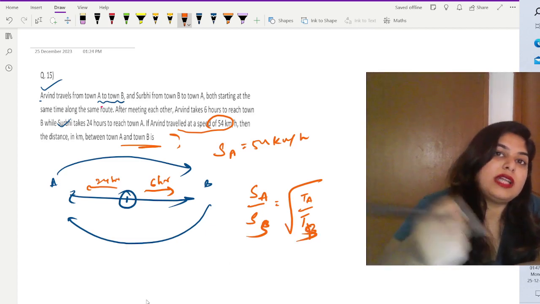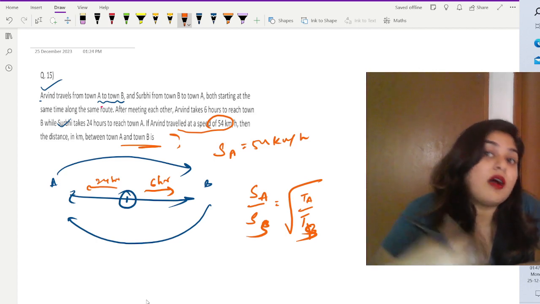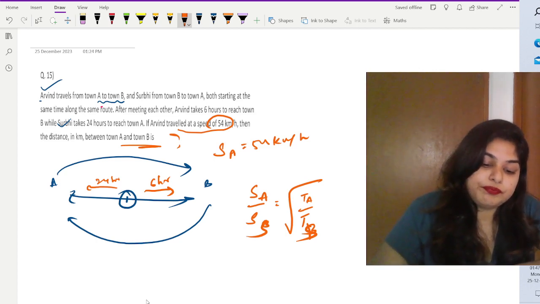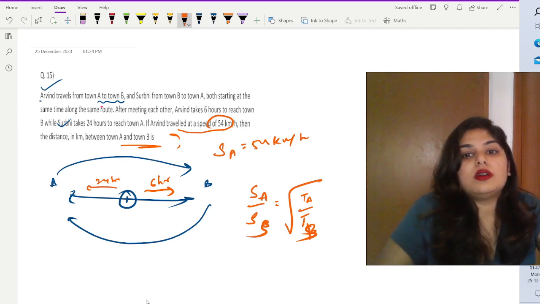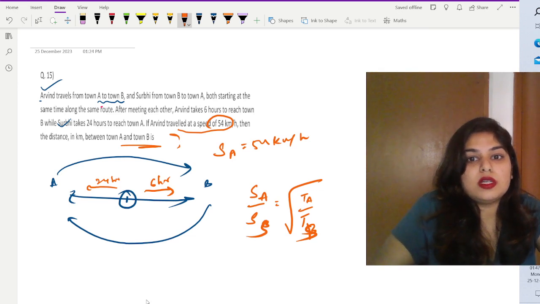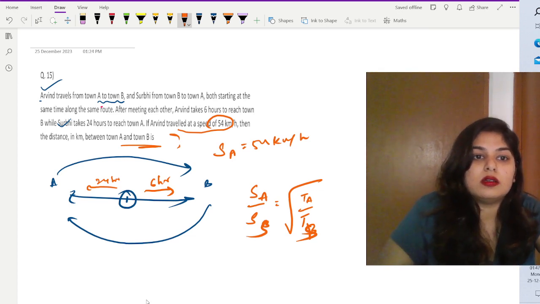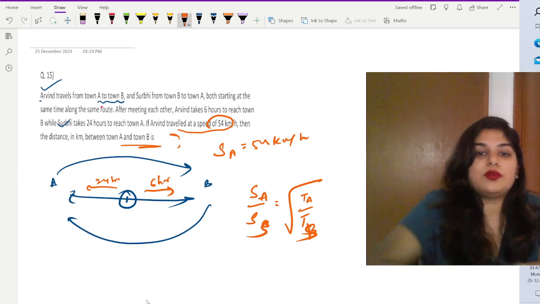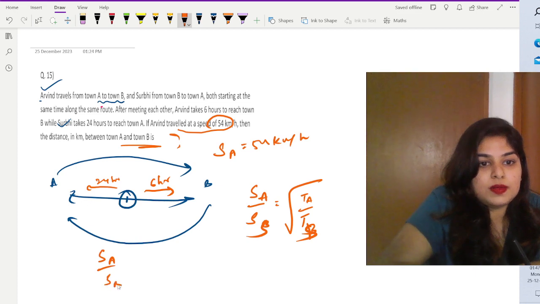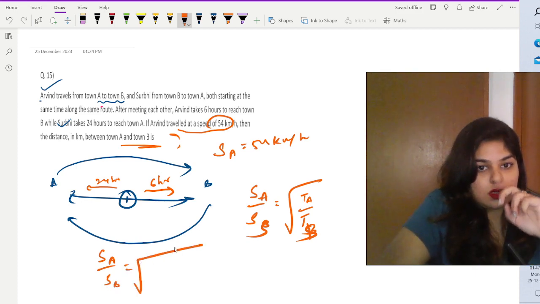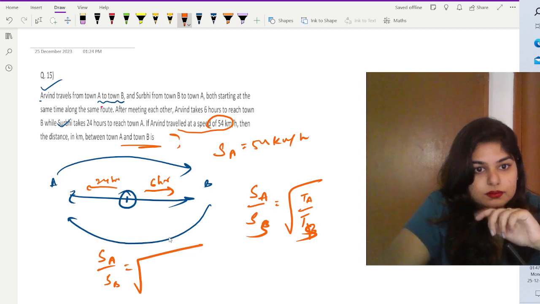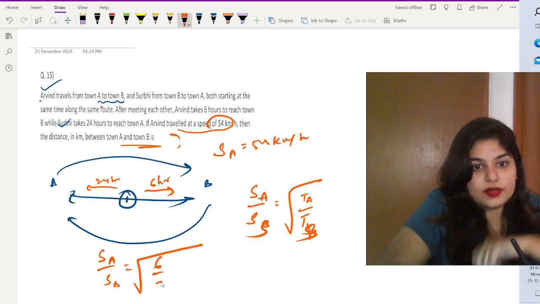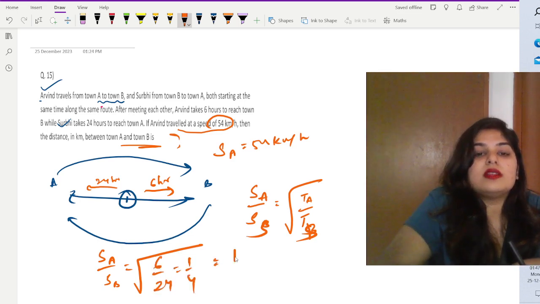So that is the ratio of the time taken to complete the distance after they meet. So here we have the time taken by both of them. Obviously Arvind took 6 hours and Surbi took 24 hours more time, right, after they meet each other. So we can put the values here, that is SA by SB is equals to root over 6 by 24, which is 1 by 4. So that is 1 by 2, correct?